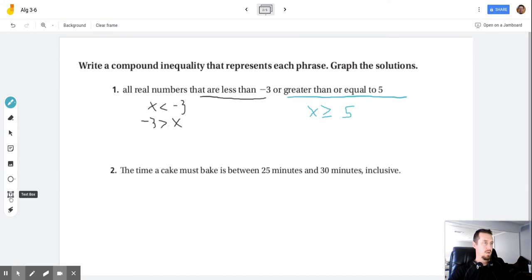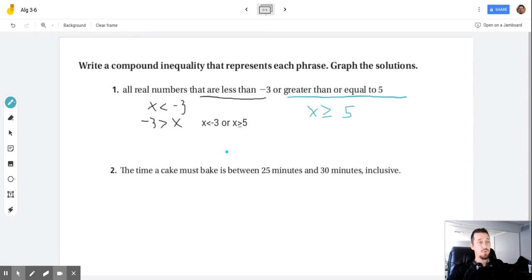So your answer here would be x less than -3 or x greater than or equal to 5. I don't have a good way to type greater than or equal to, so I'll just draw the line in there.